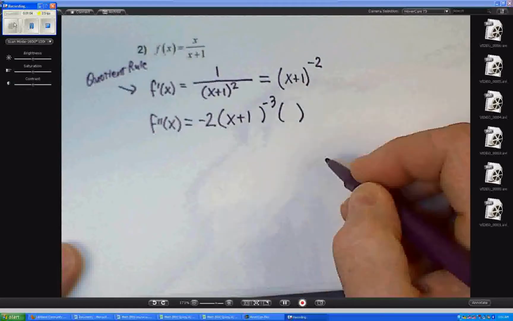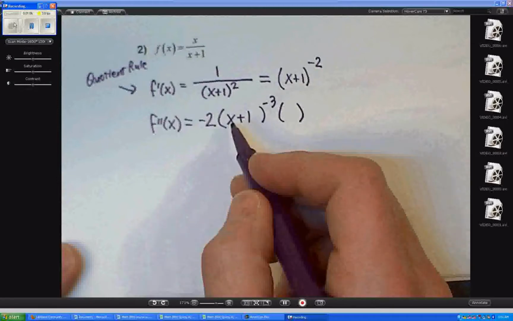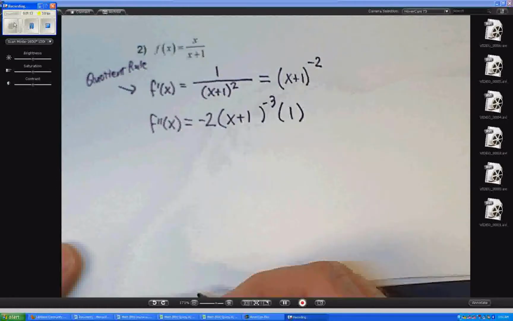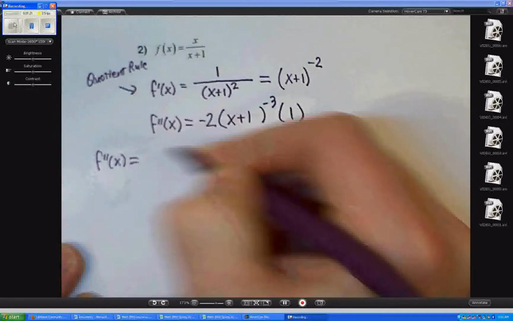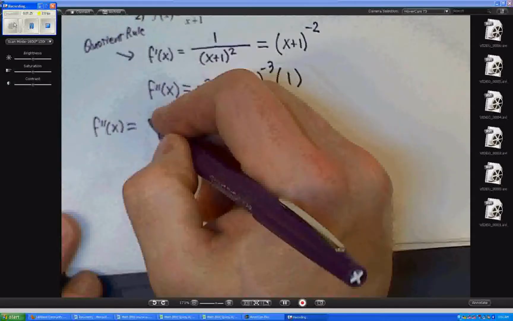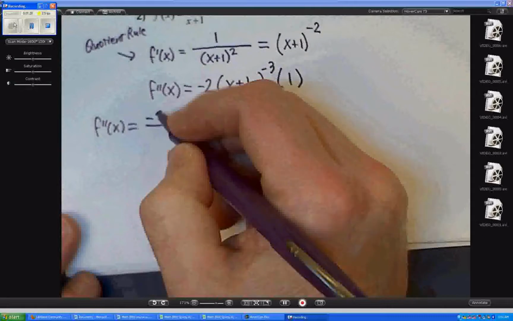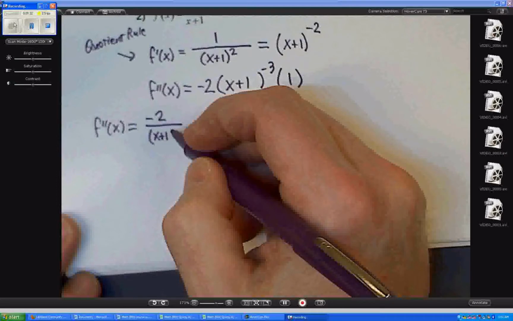The derivative of x plus 1, right? What's the derivative of x plus 1? 1, because it's 1 plus 0, so 1. So that's really nice. You get the second derivative very quickly, and now let's write it as a big fraction. We'll write it as negative 2 over x plus 1 cubed, to the third power, right?